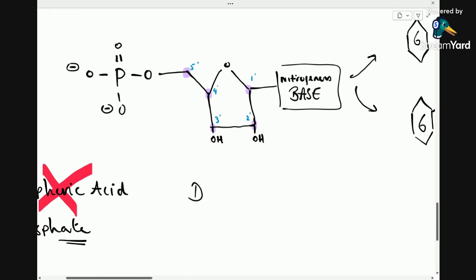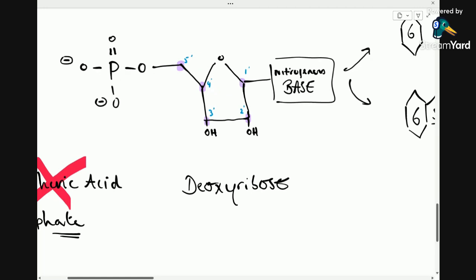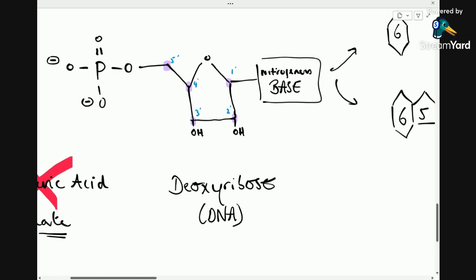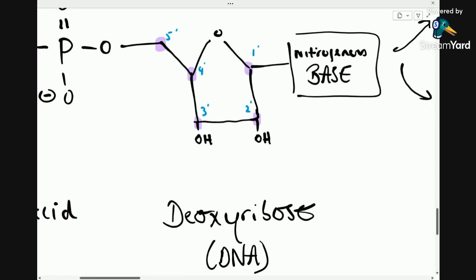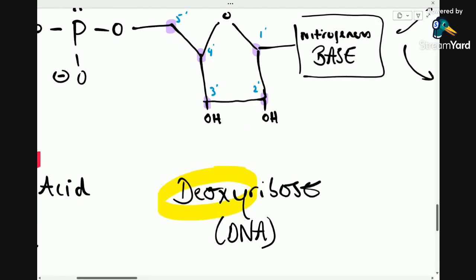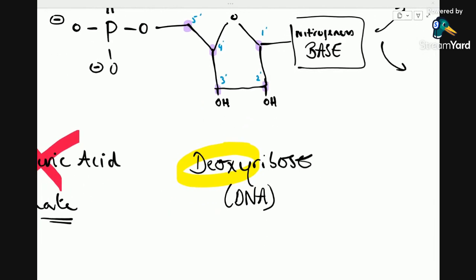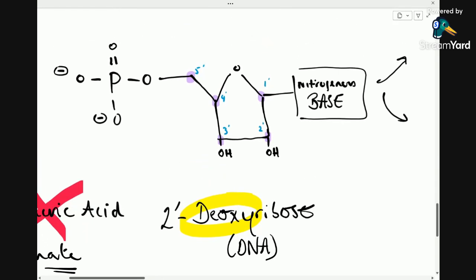If you are deoxyribose, which is the sugar that DNA uses, so DNA nucleotides use deoxyribose. Hopefully what you can appreciate is deoxy means lacking oxygen, and I always teach my students to know that the actual name of this is 2' deoxyribose, because it tells you exactly which of these carbons needs to be removed.